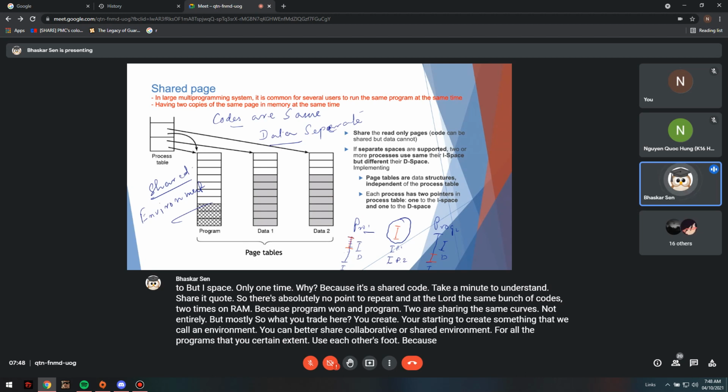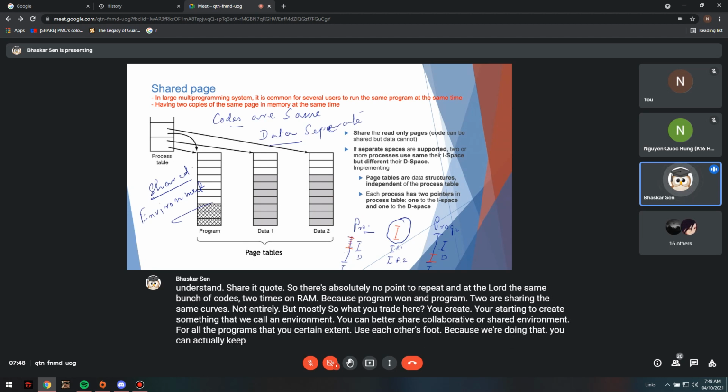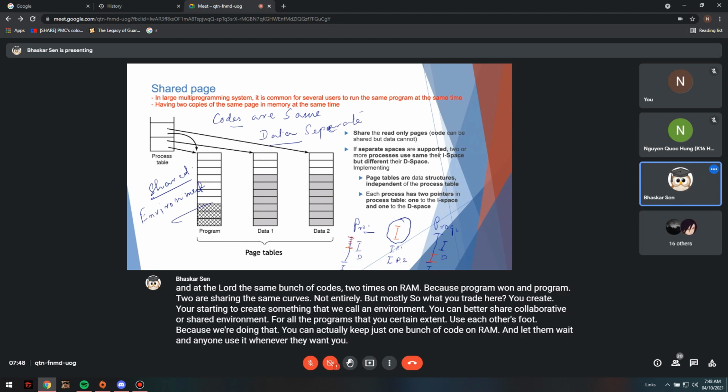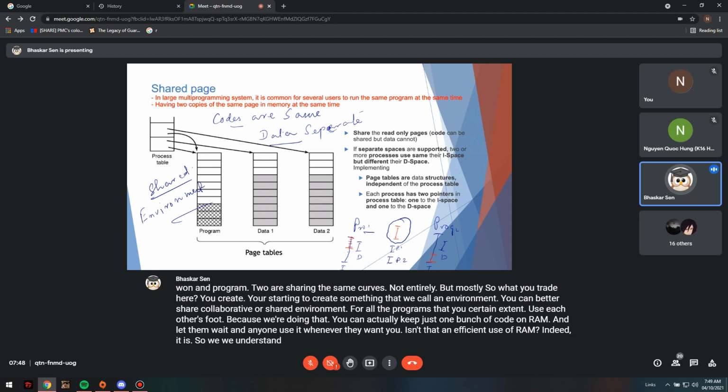Because by doing that, you can actually keep just one bunch of code on RAM and let anyone use it whenever they want to. Isn't that an efficient use of RAM? Indeed, it is. So we understand this little part and we go to the next level.